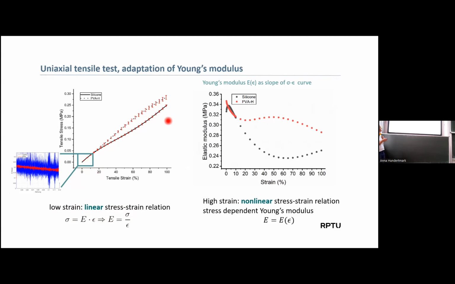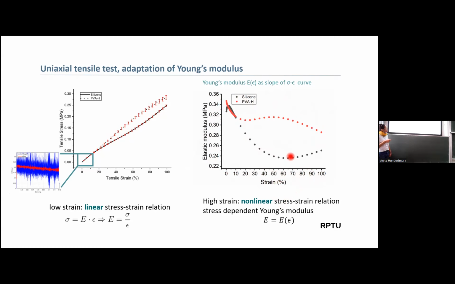But for these higher strains and stresses, we see some deviation from the linear behavior. The one curve is for silicone, and the second one is for the hydrogel material. They tested two materials. So what we did with this information, we extracted the Young's modulus as the slope of these curves. And this is the extracted Young's modulus, okay? So we see that the Young's modulus is changing with the strain in these measurements.